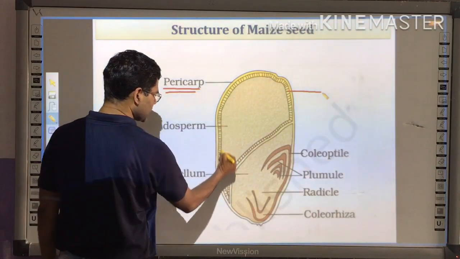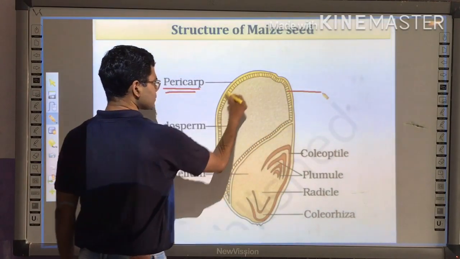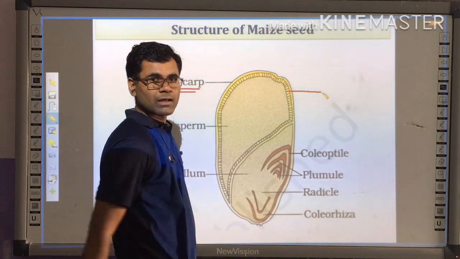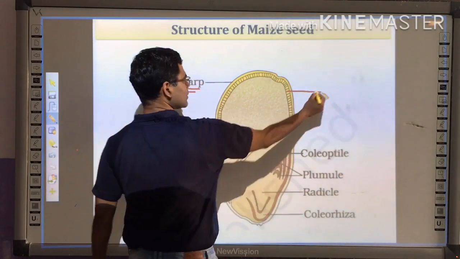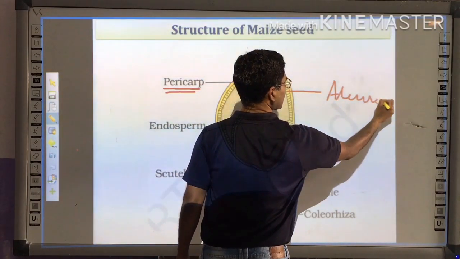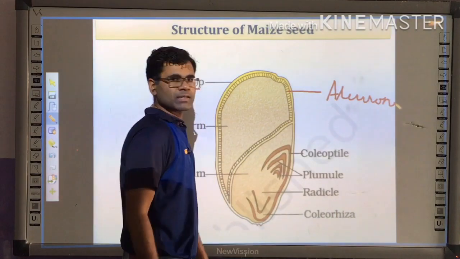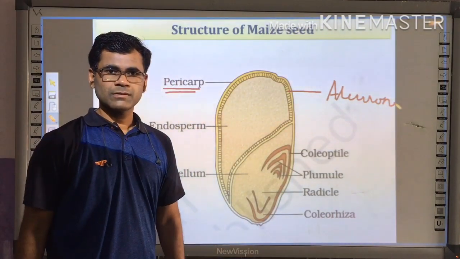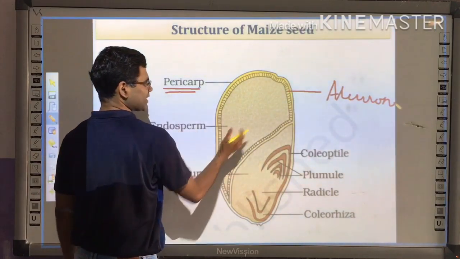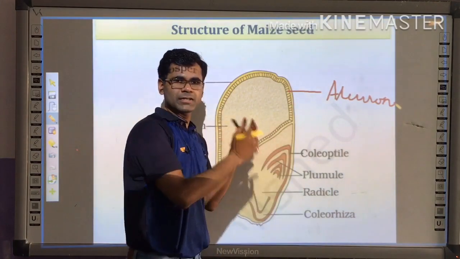This layer which is dotted here. I am not talking about the internal layer. Yes, that is called the aleurone layer. It is termed the aleurone layer. Okay, and it is a highly nutritive layer.